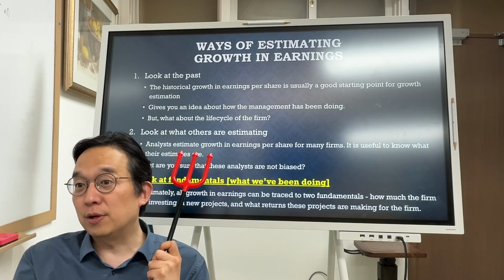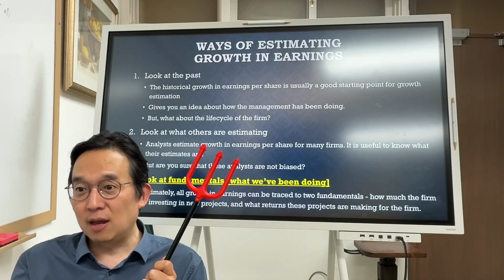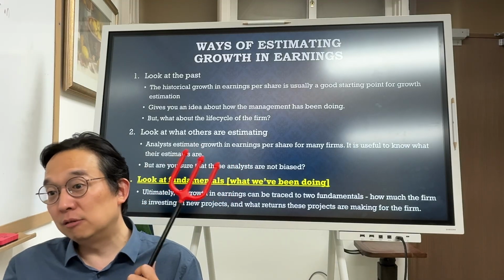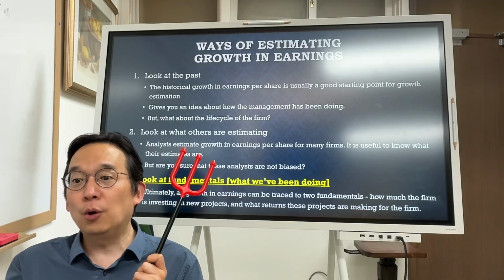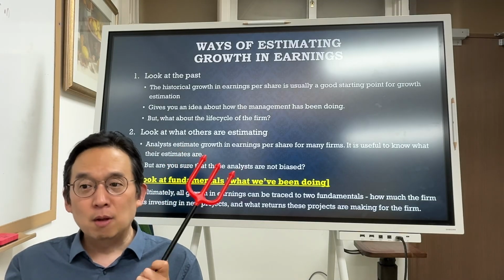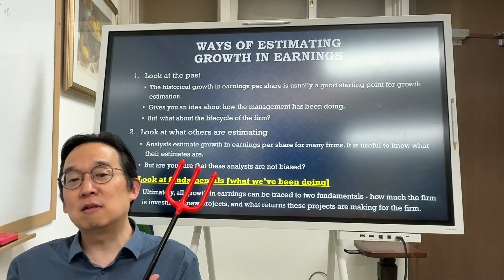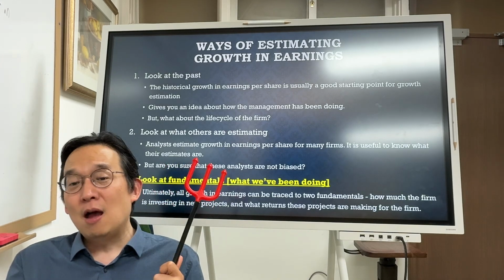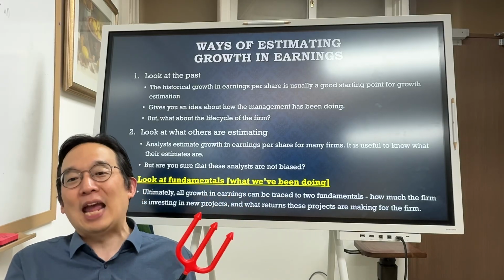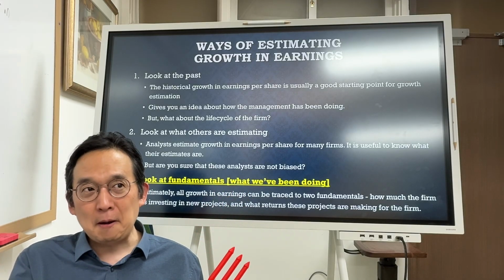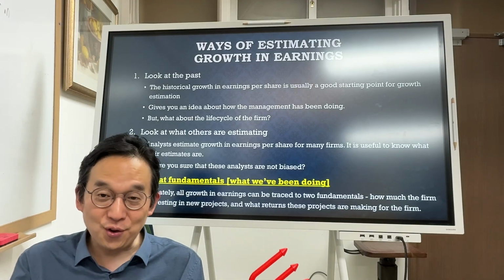Number two method of estimating growth: look at what others are estimating. Analysts estimate growth in earnings per share for many firms. It is useful to know what their estimates are. But in this method, are you sure that these analysts are not biased? Are they just herding? It is well known that the analysts in the market herd because of their career concerns, right?